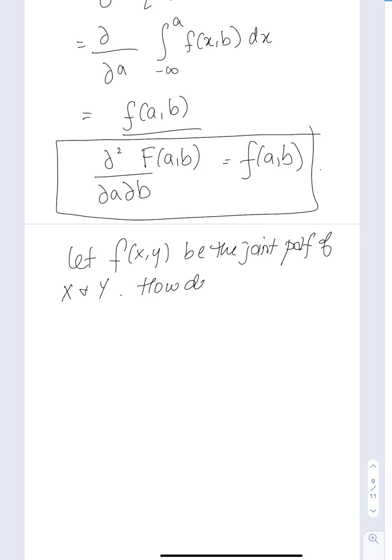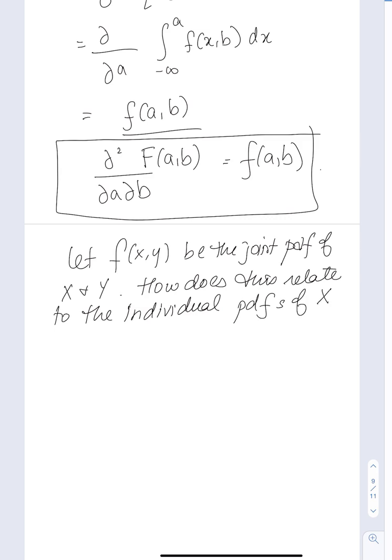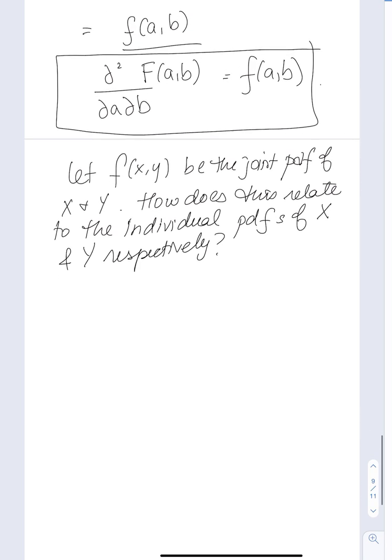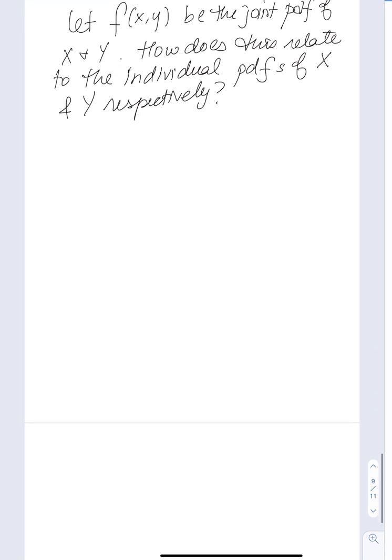How does the joint PDF relate to the individual PDFs? All right, so let's take a look.